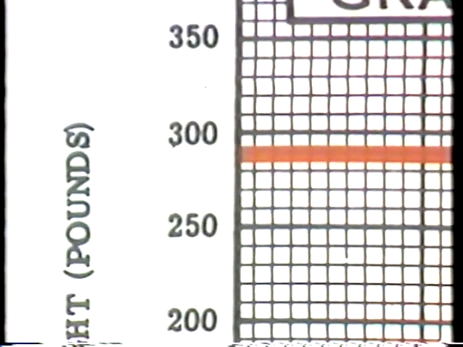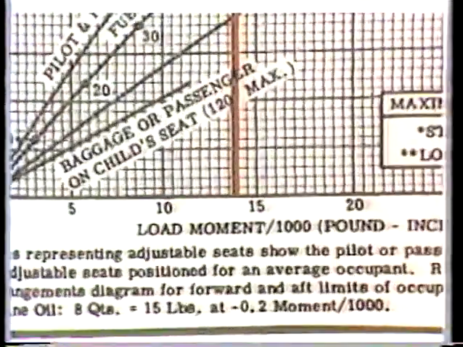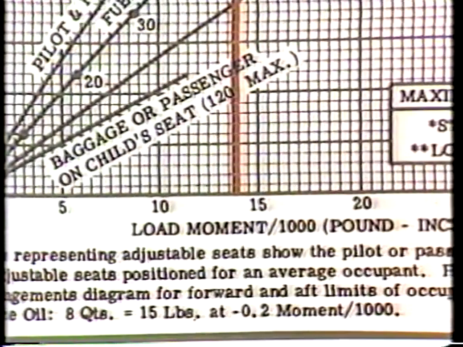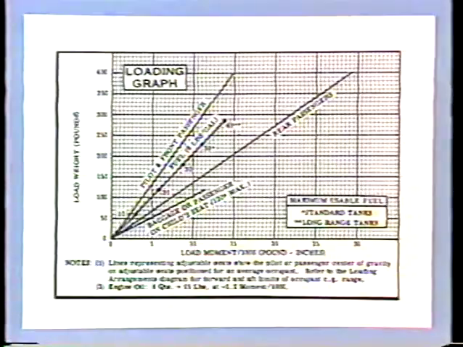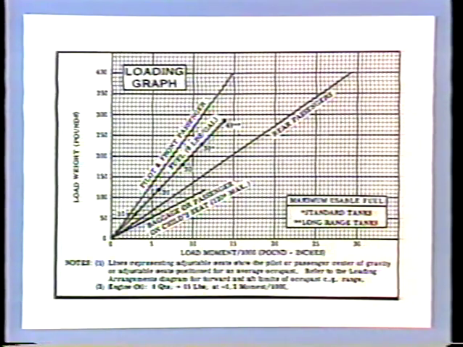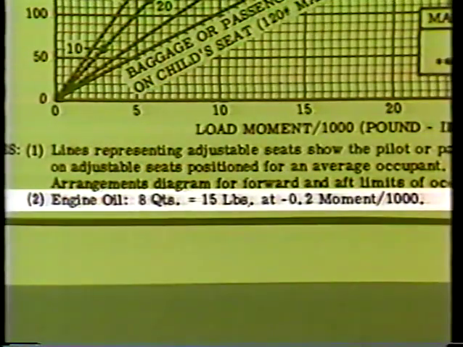With 288 of fuel, you have a moment index of 13.8. Enter this on your worksheet. Last, we have 8 quarts of oil, which weigh 15 pounds. The oil has a given moment of minus 0.2.